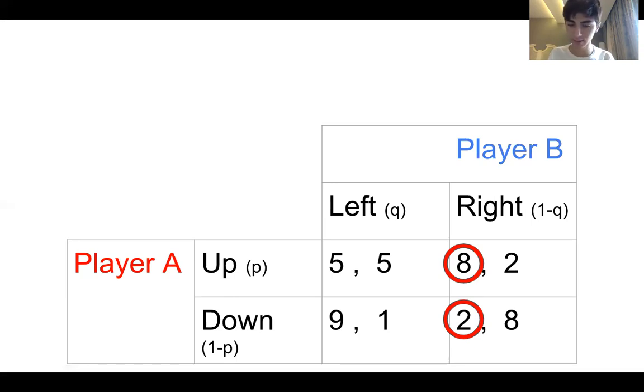Did I explain that? Does that make sense? p is the probability of player A going up. 1 minus p is the chance that player A goes down. q is the probability player B goes left. 1 minus q is the probability that player B goes right. Everything okay then?